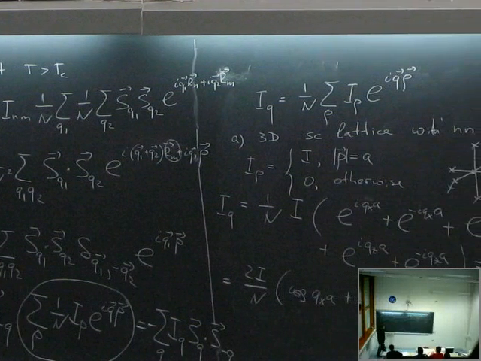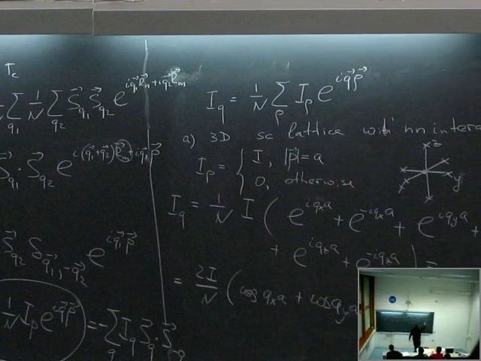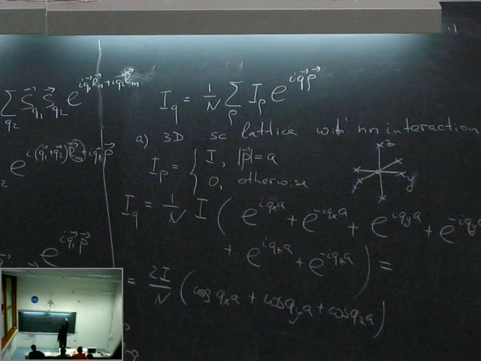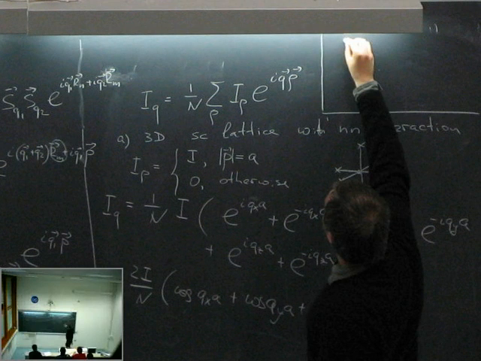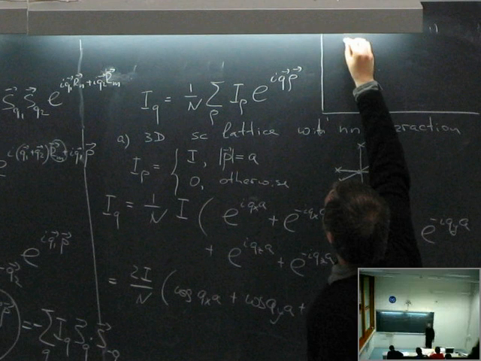So what do we see from this formula? And what is actually obvious even from the general expression? First of all, I_q is an even function of q, equal to I_minus q.